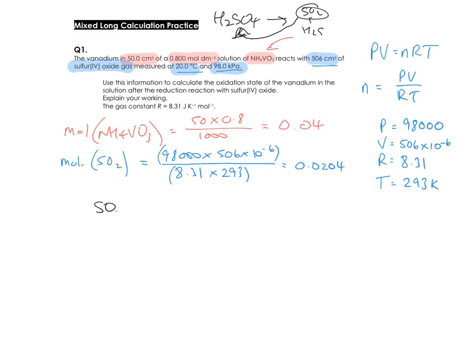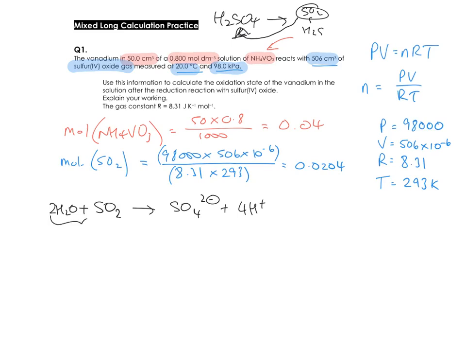So SO2 is going to create SO4 2- in this reaction between the ammonium vanadate and the sulfur oxide gas. So then we've just got to balance it so that we've got a half equation. The sulfurs are balanced, then balance the oxygens with water, so we're going to add 2H2O onto this side. Then we're going to balance the hydrogen by adding 4H+, and then we've got to balance the electrons.